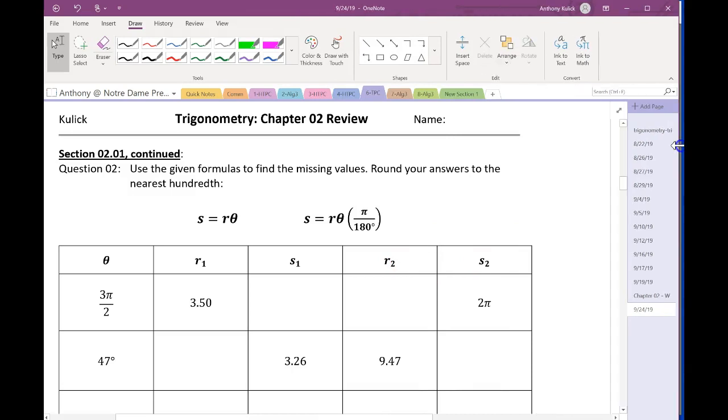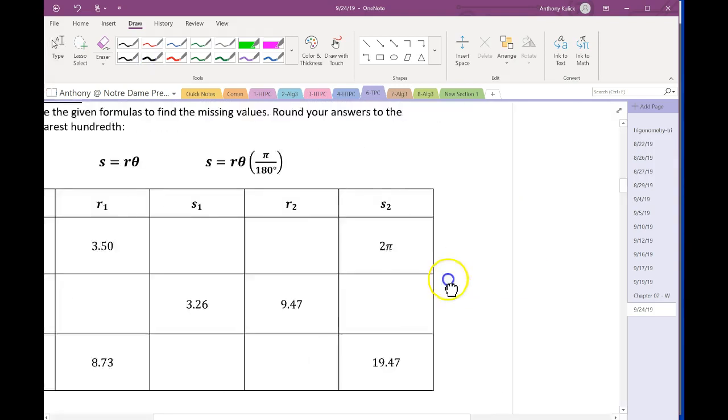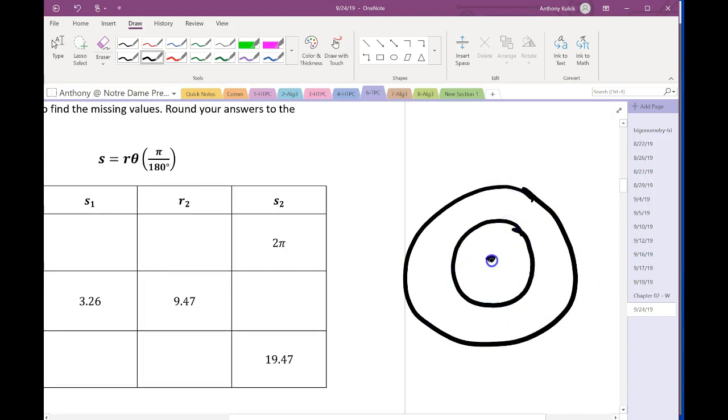So here, this R1, S1, theta, the picture that I'm imagining here is I have like a pair of circumscribed circles. So if I do that, here's my angle theta. This arc length here is S1.